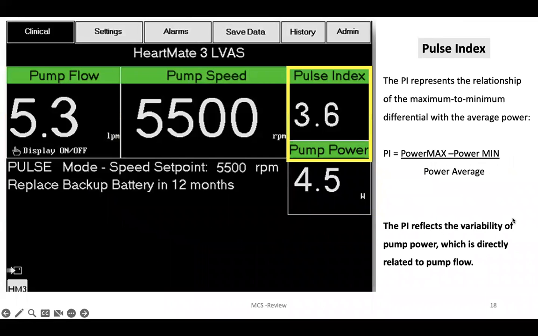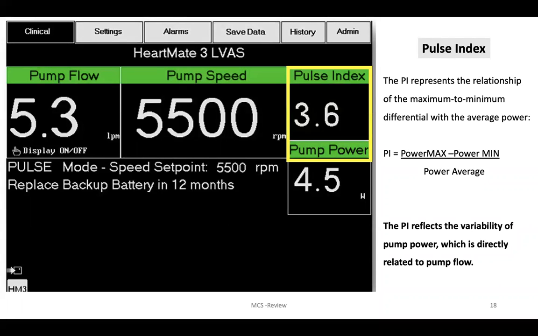The pulsatility index is one of the definitions you need to know and understand. The pulsatility index represents the relationship of the maximum to the minimum differential with the average power. In other words, it's the power max minus the power min over the power average.